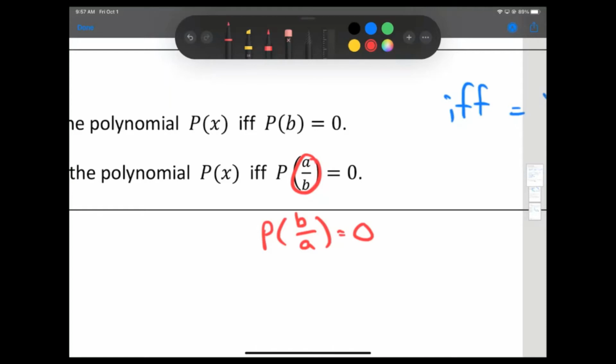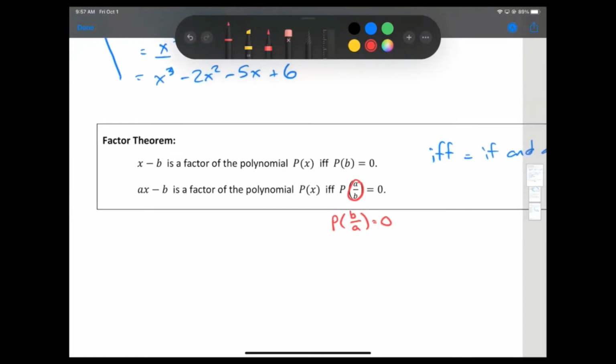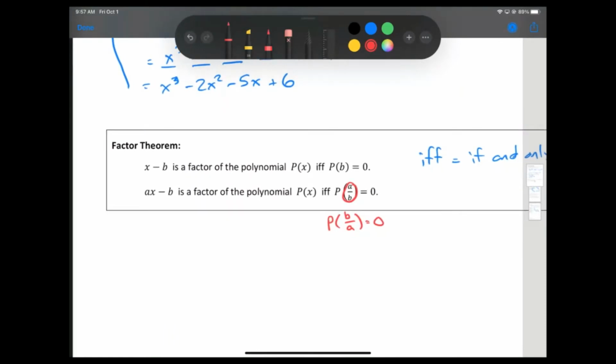I'll change it on the handout, but please be aware that that should be a b over a, not an a over b. And if you're wondering why that's true, if ax minus b is a factor, then I can factor out a from both of those and get that. And then this part here is essentially the same rule as that right there. Anyway, I will fix that. My apologies.